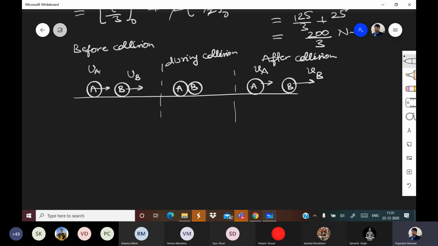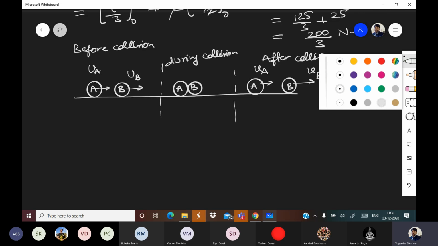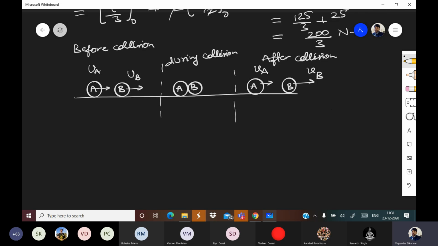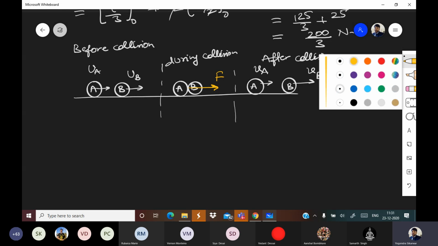So if A exerts force on B towards the right, B will exert force on A towards the left.